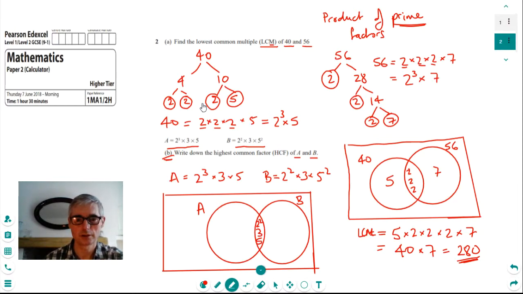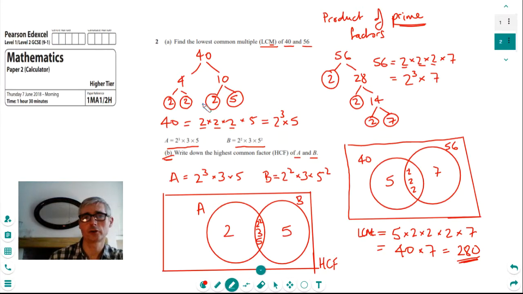There we go. And then what we need for the A bit, as well as all that, we need an extra 2 because the A's got 2 cubed on it, and for the B we'd need an extra 5 because it's 5 squared.